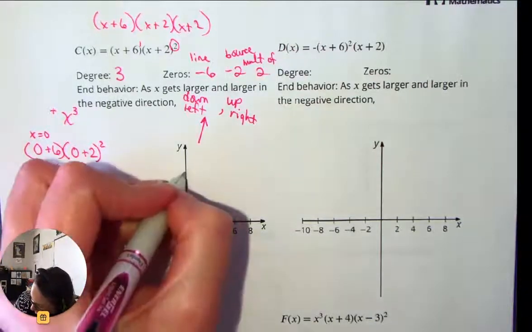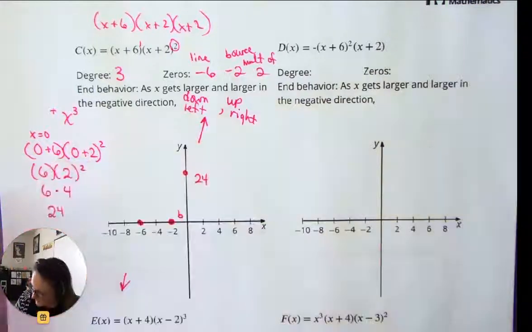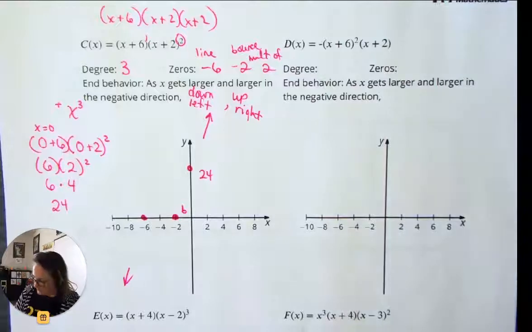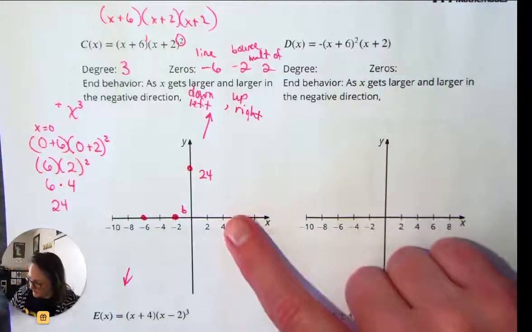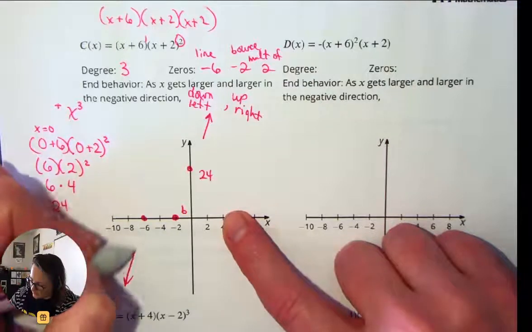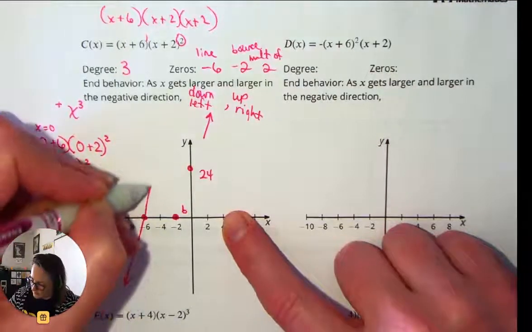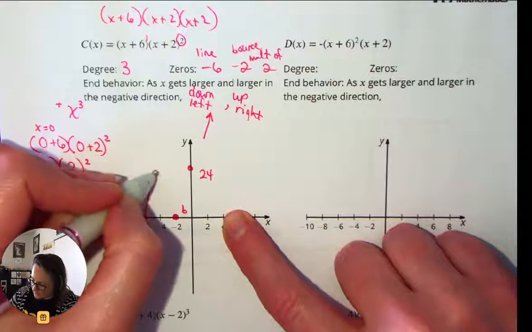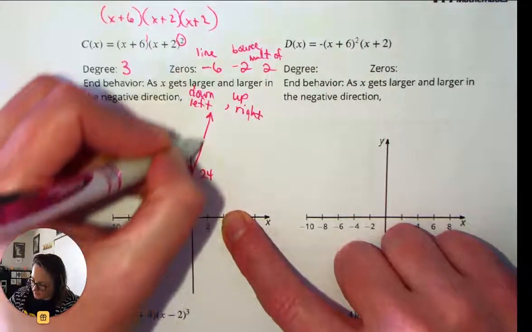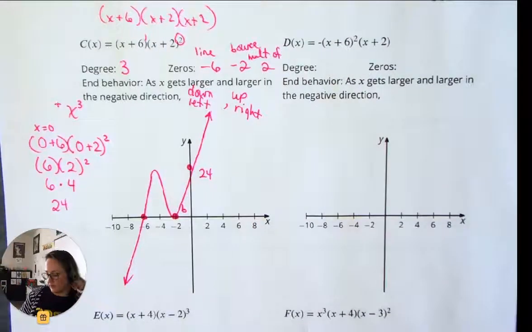It's happening up here at a positive 24. I'm ready to connect the dots. Straight through at -6. Turn around somewhere and bounce it down at -2, up through positive 24, and on forever and always.